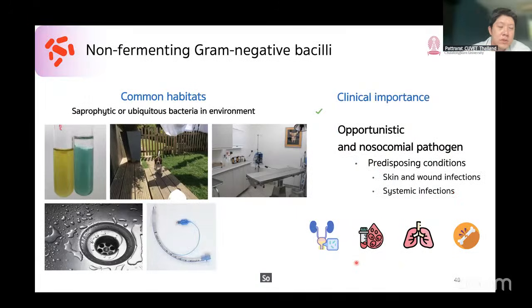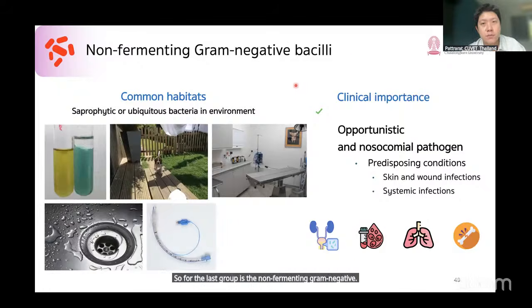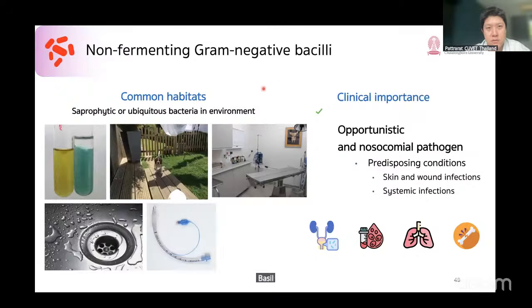So the last group is the non-fermenting gram-negative bacilli. Okay, non-fermenting means they use glucose only in the presence of oxygen. Non-fermenting gram-negative bacilli are ubiquitous bacteria.